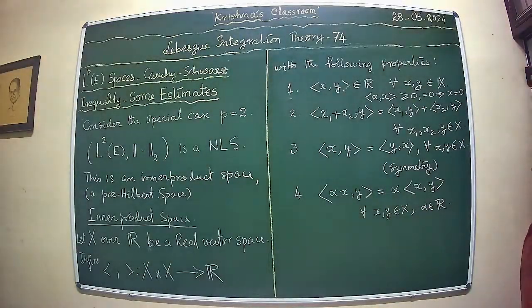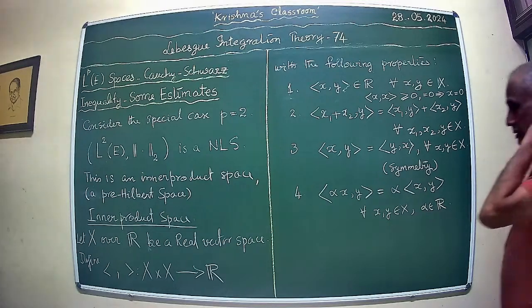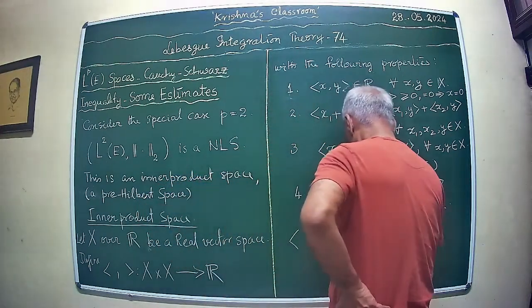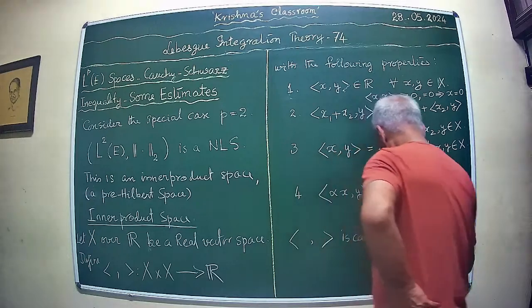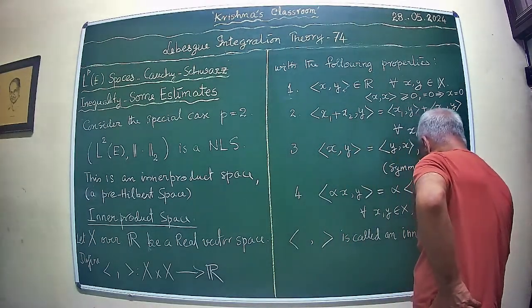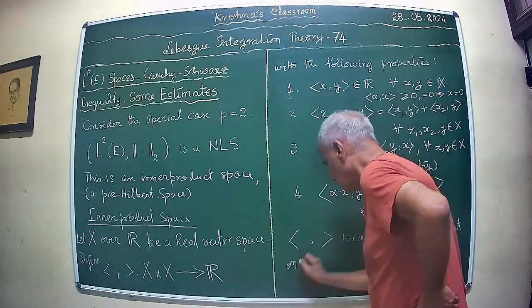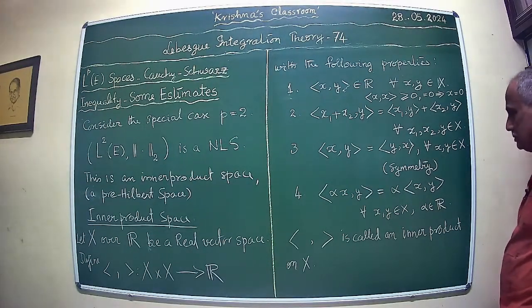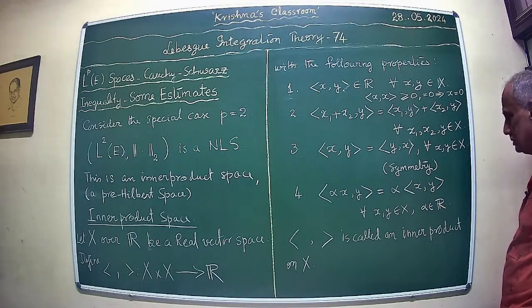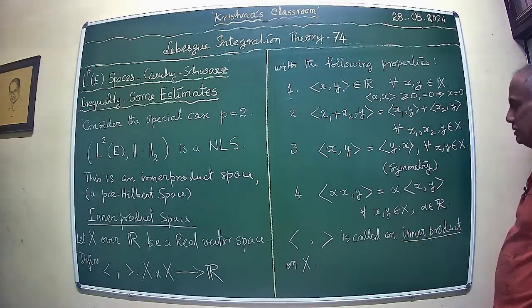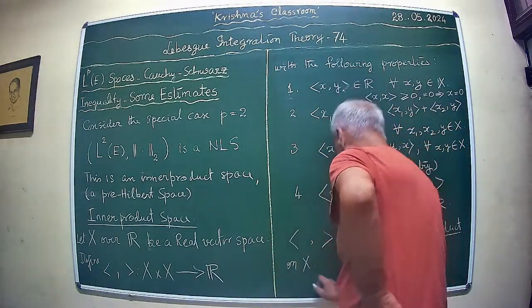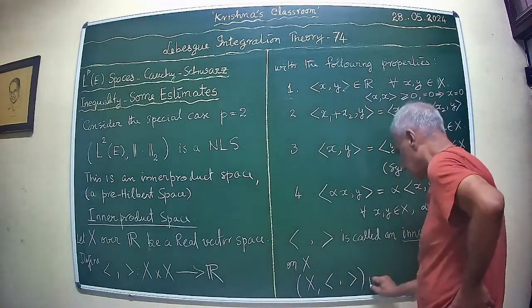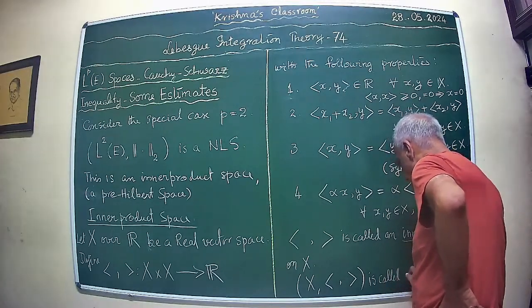So you have, this is what you call a real vector space, and this is what you call an inner product.